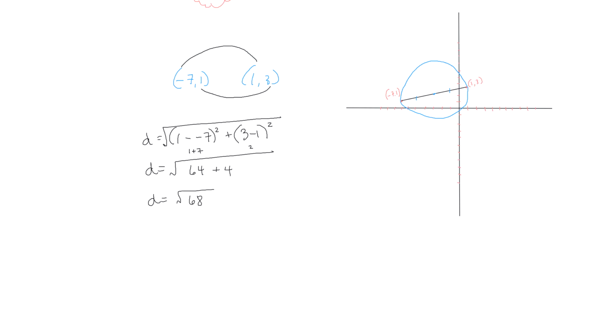So square root of 68. Let's see what that is. 68 I can do 2 times 34. And then 34 I can do 2 times 17. My 2 will come out. I'll have 2 square root of 17 for this whole line.